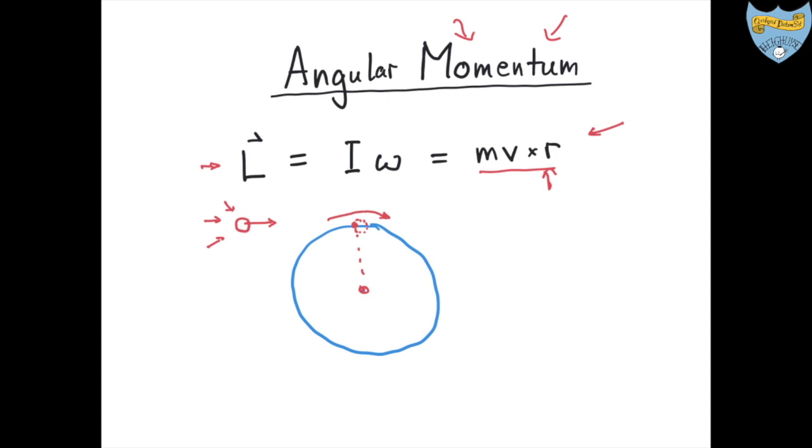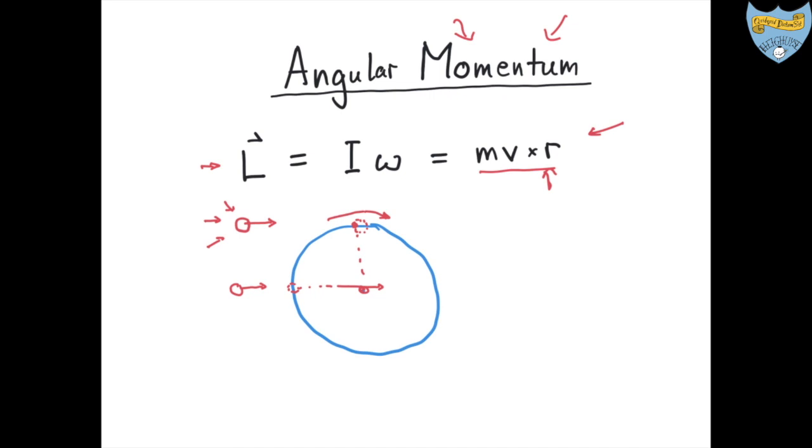On the other hand, another child who jumps on, say, like this, even if they land right here, we understand that they do not make the merry-go-round spin, because if you continue this line of their velocity, it actually passes directly through the pivot.